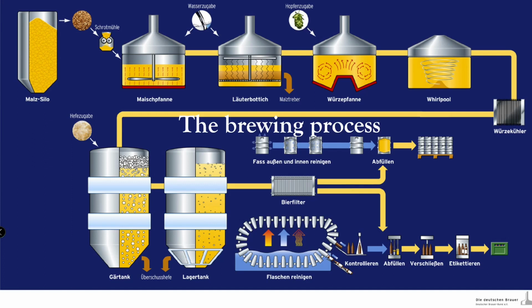We take the malt from the malt factory and it is crushed in a roller mill or in a hammer mill or whatever. Then the grist, the crushed malt, is mixed with water. The water addition activates the enzymes.